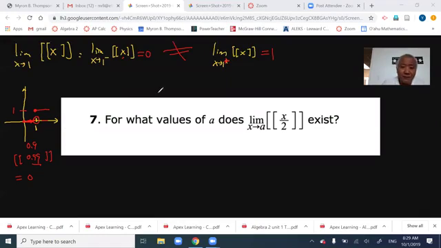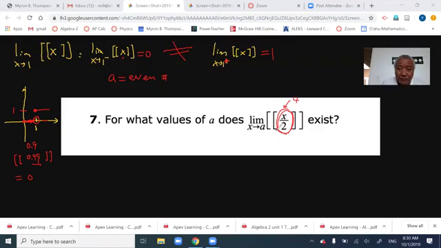From here we can see that a, but here it is x over 2. So that means a must be an even number. If a is an even number, for example a is 4, then 4 divided by 2 is 2. As long as the inside is an integer, the limit will not exist.